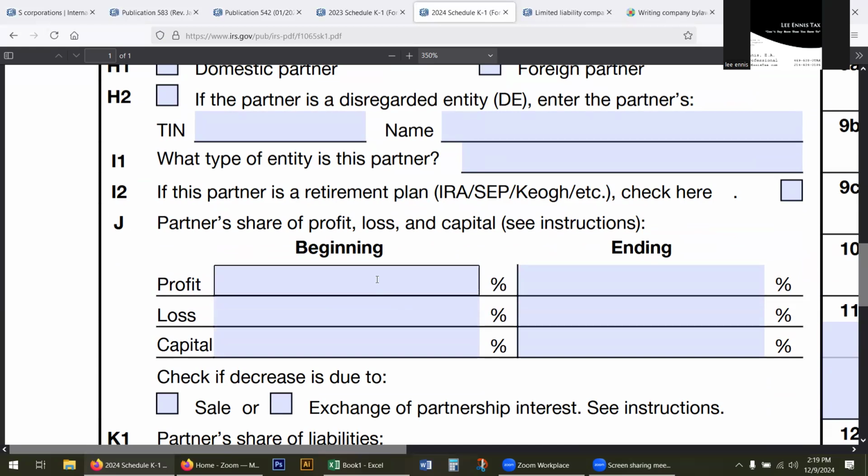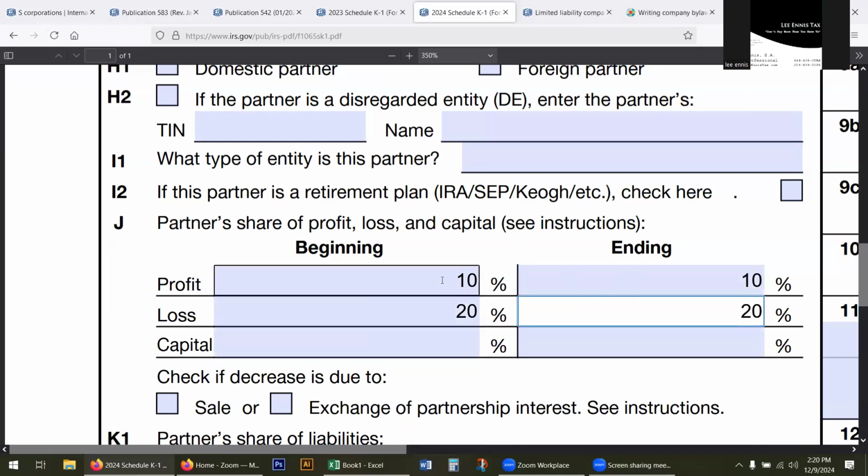For partnerships, you can choose, and again, this is depending on the bylaws as well as the organizing document and also the partnership agreement that you have with the partnership, what your percentage of the profits and losses will be. For instance, you can have 10% of the profits, but 20% of the losses.